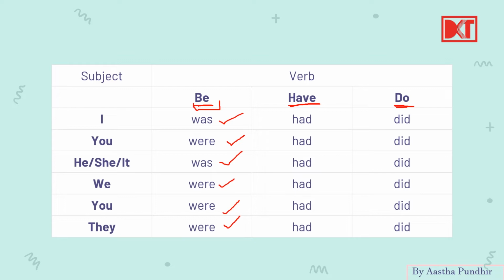Then for have, all the formations are in had. And for do, all the formations are in did. Alright, now these are a few basic verbs जो आपको पता होने चाहिए कि कैसे इनका past tense में formation होती है. Be, to have and to do.